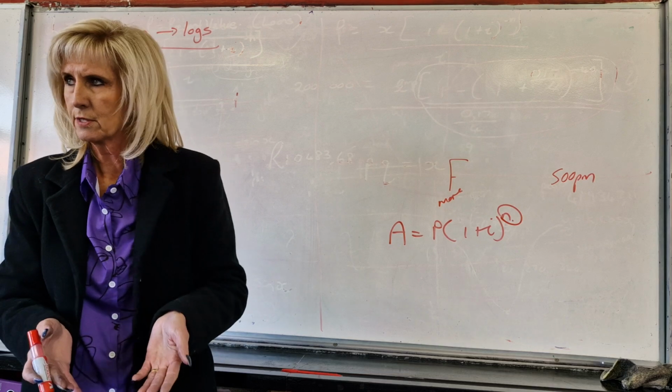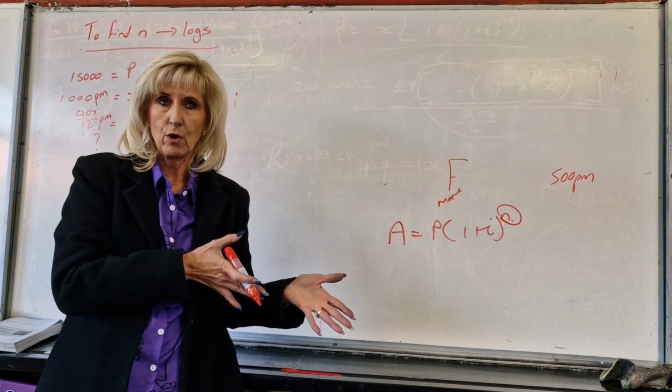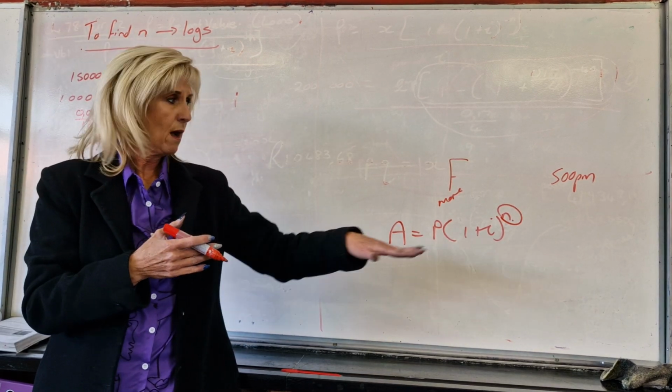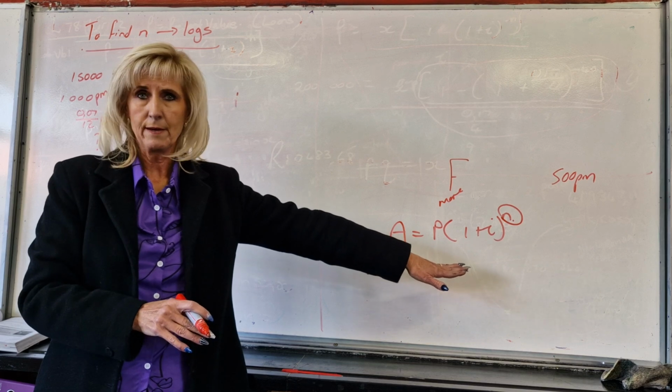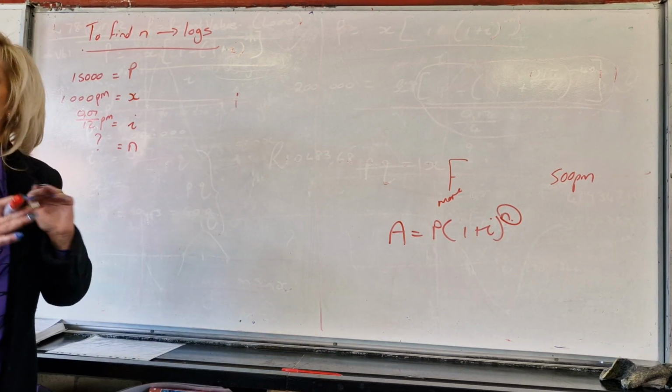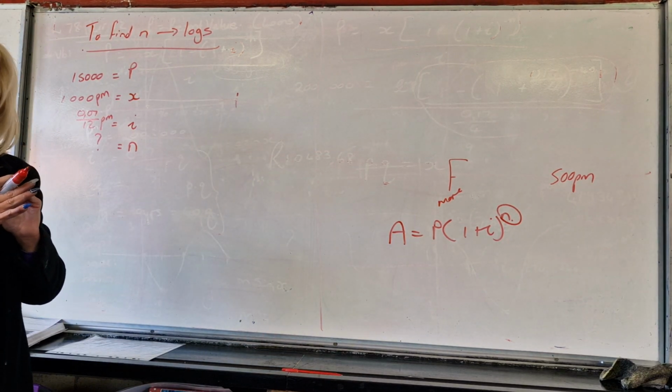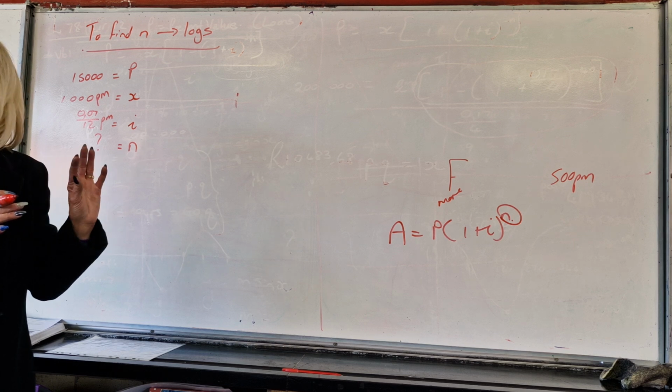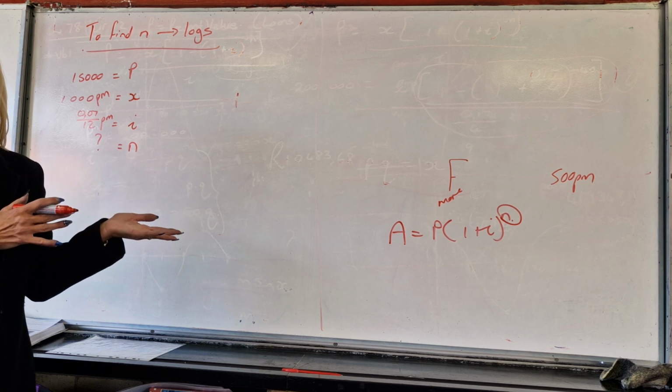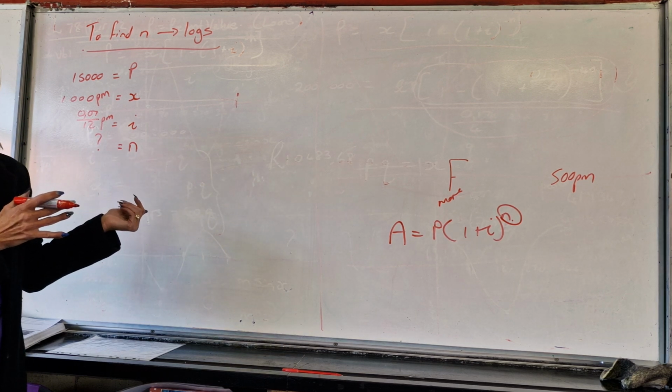Because you need logs. Now that you know how to work with logs, we can ask you for N, either in a grade 11 sum, or in these ones, and they normally ask this. So I have to test whether you're doing the logs.